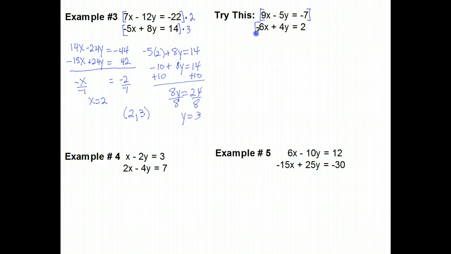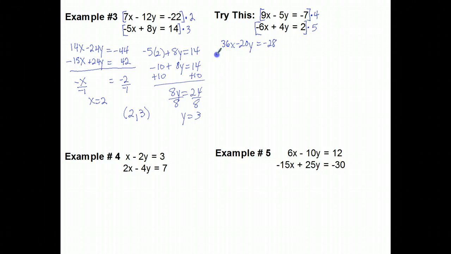The only way for us to change anything is to change everything. We have to multiply the entire equation by something. To create our negative 20, I'll multiply by 4. To create the positive 20, I'll multiply this by 5. Everything times 4 in the top equation, and we get 36x minus 20y equals negative 28.